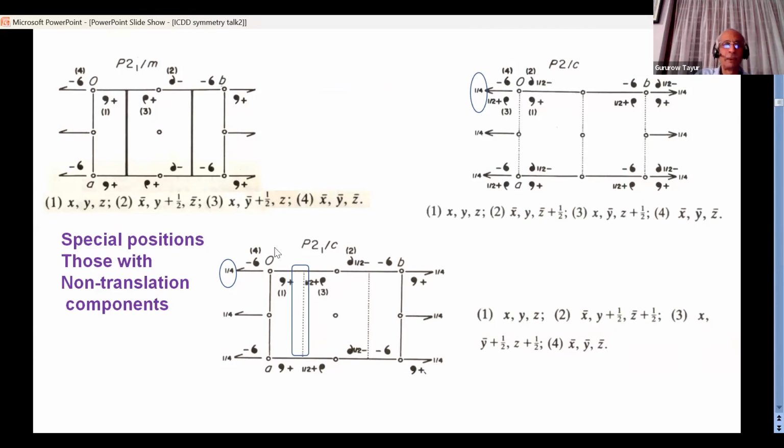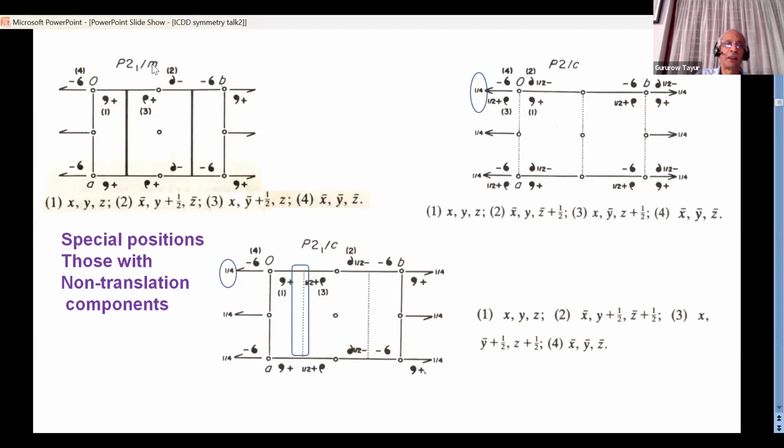One of the things we must notice here is that the special positions in these space groups are those with non-translational components. That means the special position is where the non-translational components are located. The space group P21 by M has a mirror symmetry.